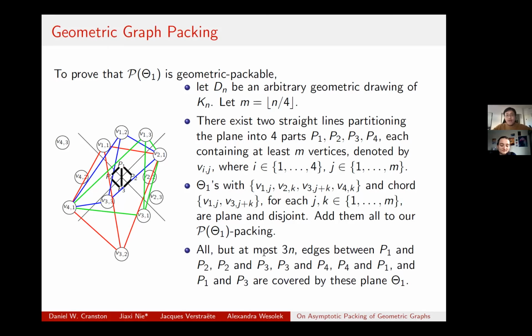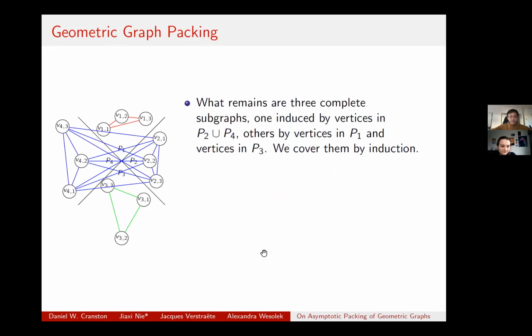The reason that we do this partitioning with 2 straight lines into 4 parts is that this guarantees that these theta 1s are plane. Now what remains to be covered are 3 complete subgraphs as shown on the left-hand side. One of them is induced by vertices in the union of P2 and P4, and the others by vertices in P1 and P3. We can just cover them by induction.